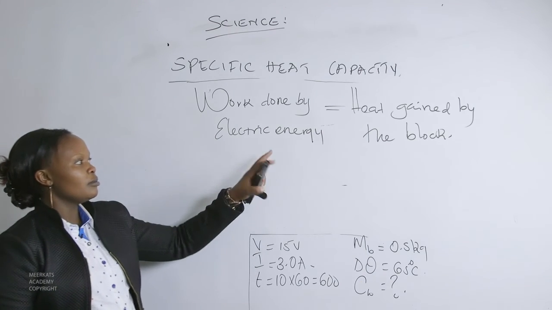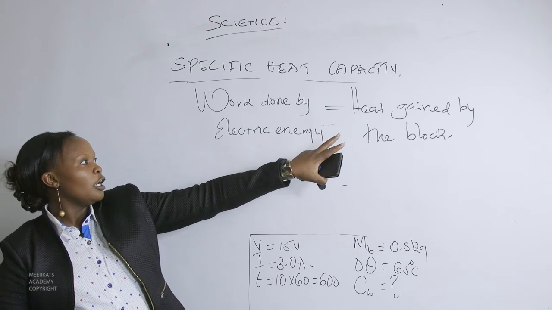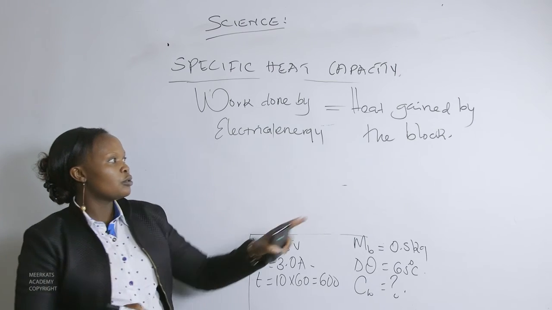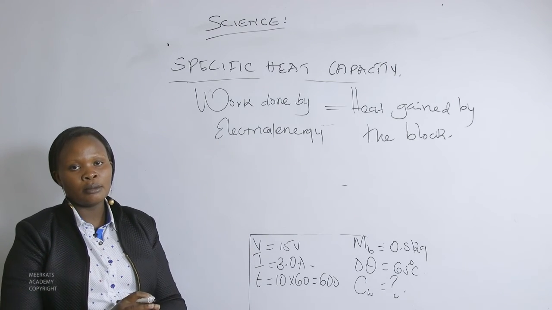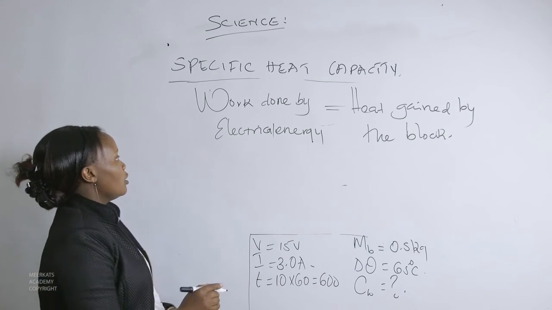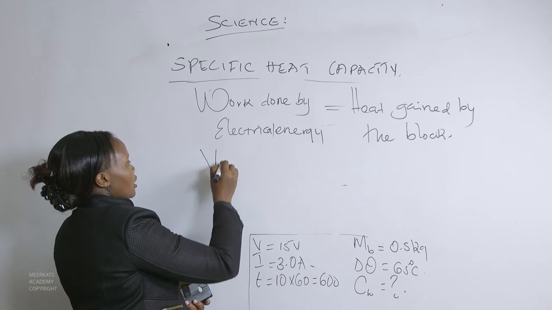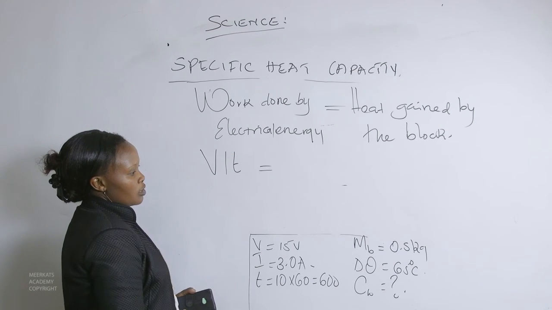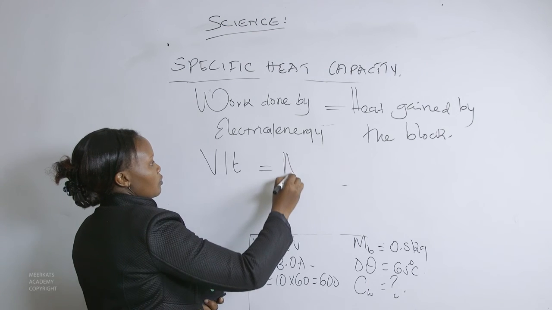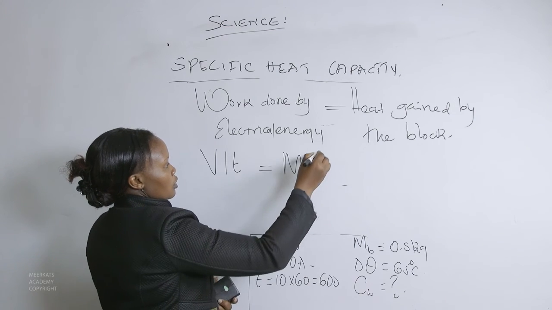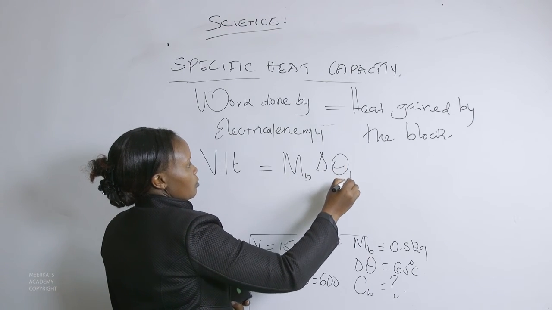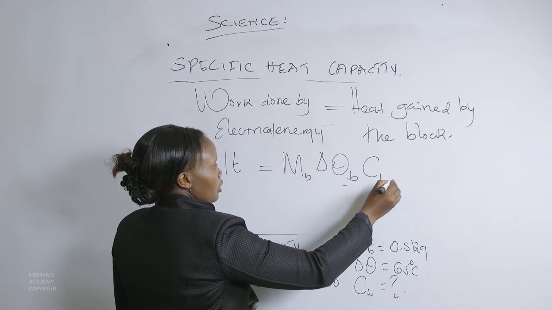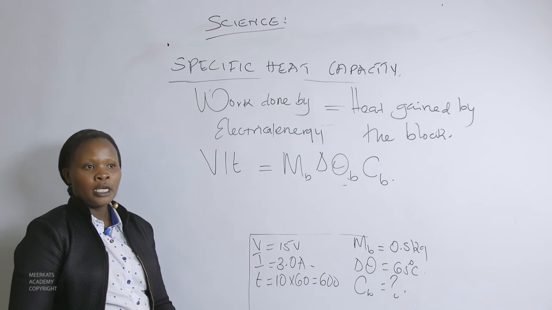That work done by the electrical energy is actually equal to the heat gained by our block. Now, in this case, work done is given by VIT, which is the same as the product of mass of the block, change in temperature of the block, and the specific heat capacity of the same.